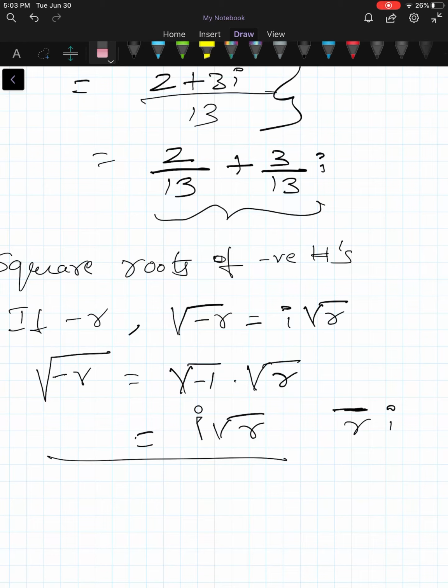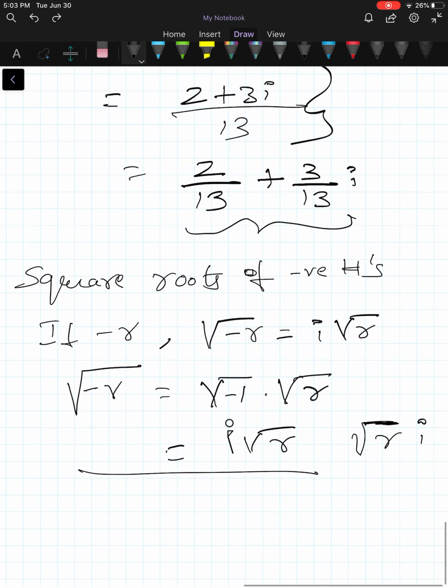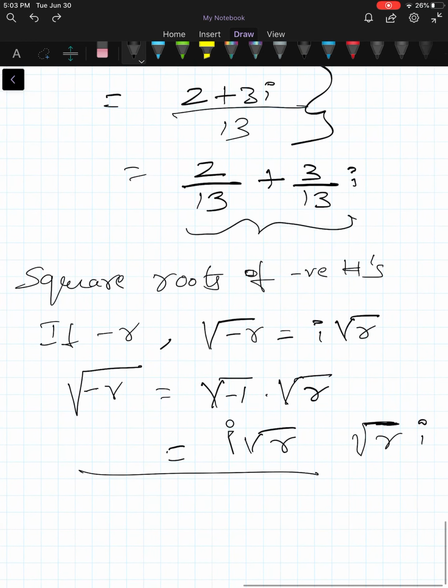So to avoid that, we write this as i square root of r, to avoid confusion. So we will do some things where we apply whatever we learned now.